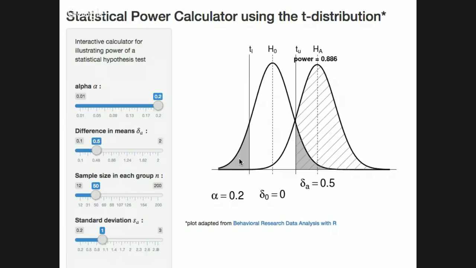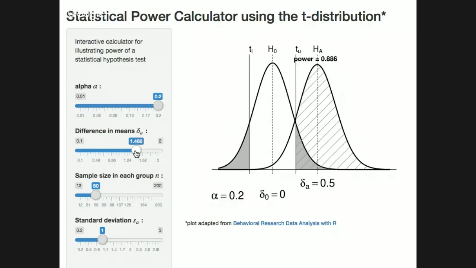Yep, so H0 is going to stay exactly the same. This is the difference, the alternative hypothesis that we're changing. So the H0 and the shaded regions will stay the same. This whole distribution under the alternative hypothesis is going to move to the right, and the power is going to increase.